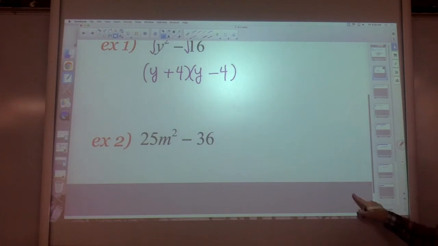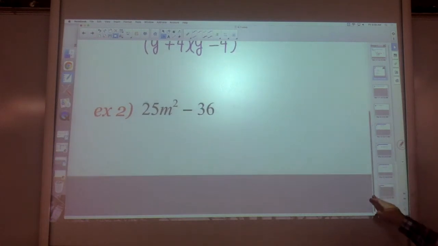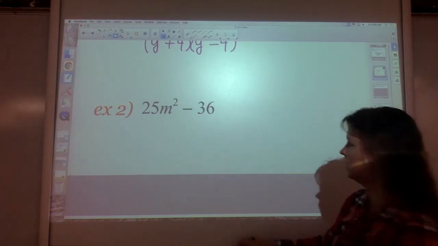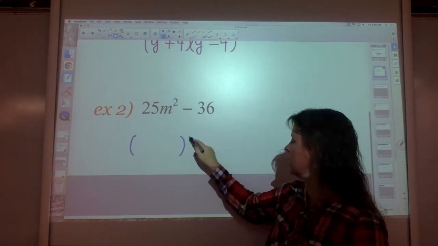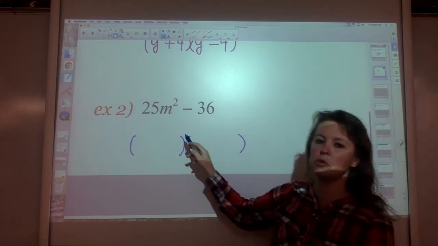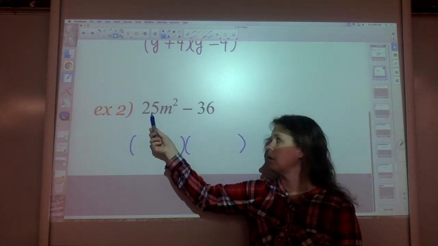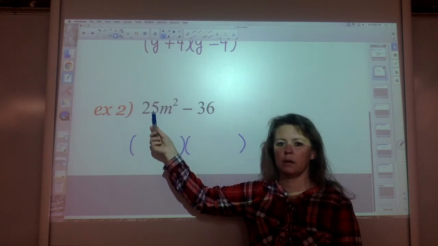The key isn't that this is hard. The key is that you just have to remember the method. 25m squared minus 36. Write that down. We'll break it up into its two parentheses. When we see it's the difference of two squares, that means this number's got to be a perfect square. We can use 25, but we can't use 24.